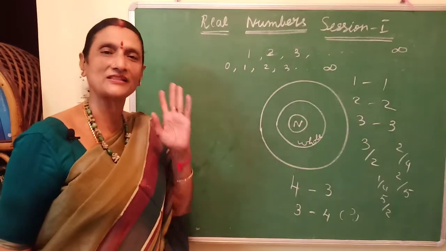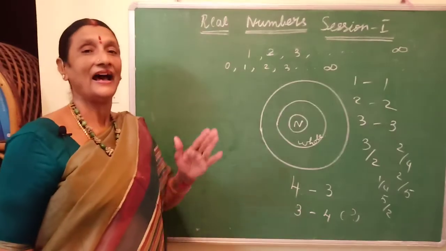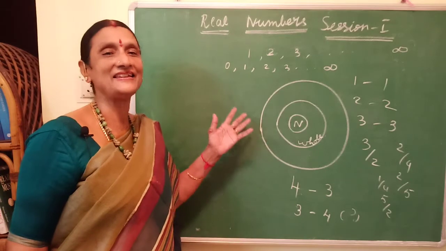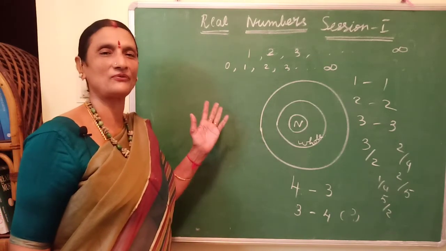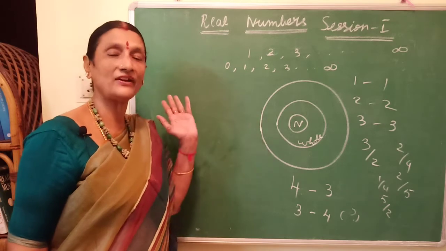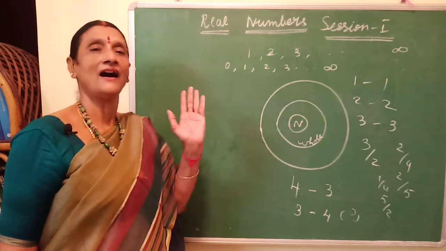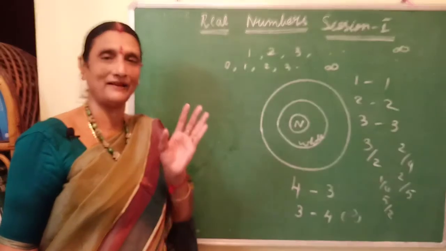Therefore, we introduce some more numbers, and those numbers we call integers. How do we define integers? It's the set of numbers from minus infinity to plus infinity, with 0 being the middle number.